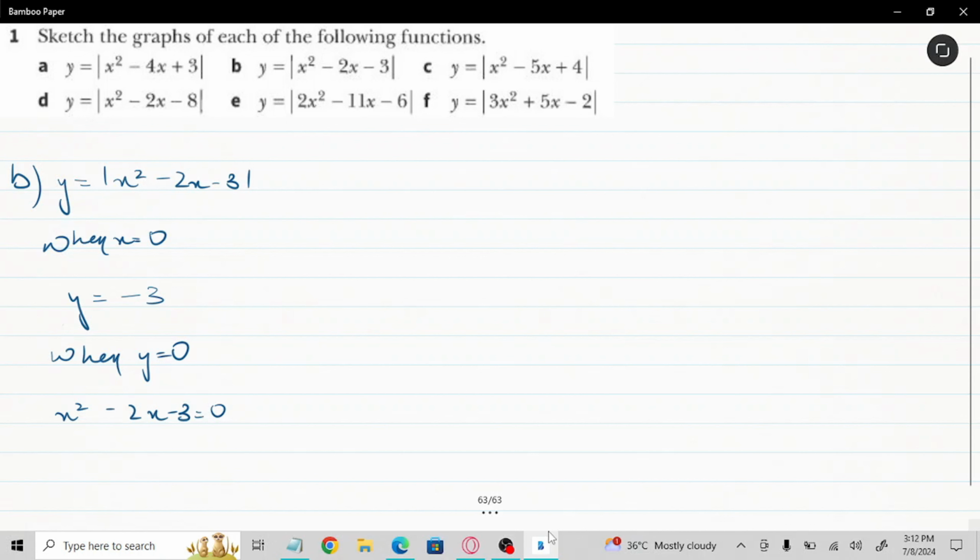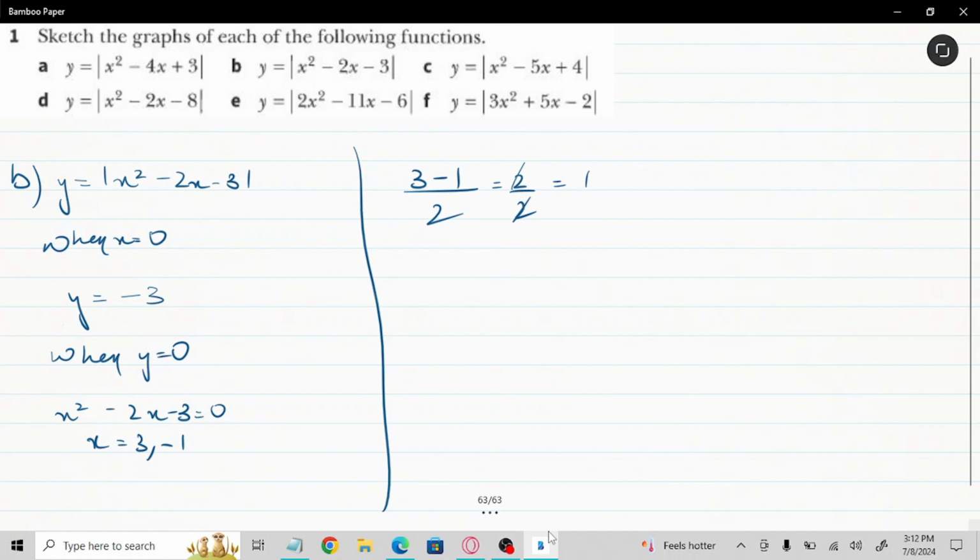So again, I'm going to use the calculator: 1, -2, and -3, and we are going to get 3 and -1. So x equals 3 and x equals -1. We are going to find the stationary point. 3 plus -1, that is 3 minus 1, divided by 2. That's 2 divided by 2, and that's going to be 1.